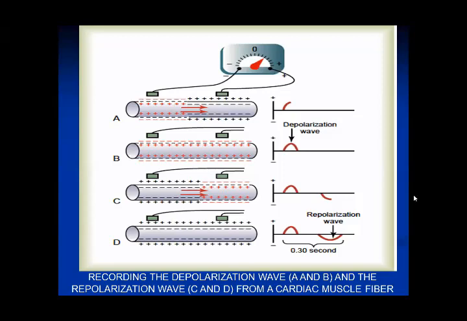That is why the wave is now at the isoelectric line. If we connect the voltmeter over here, it will show the same.